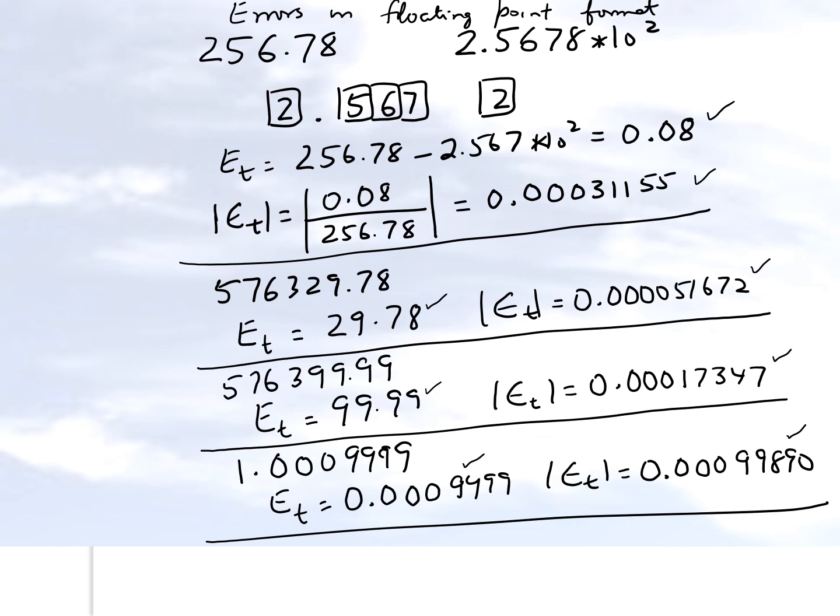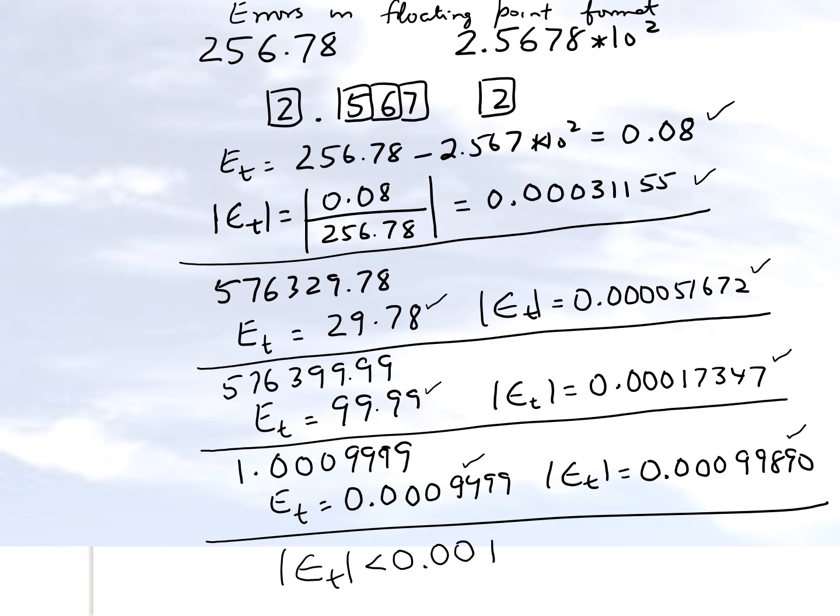And actually what you'll find out is that for this particular case, the relative true error will always be less than 0.001. You take any number from 1 to 9.999 times 10 to the power 9, take any number between those two numbers, a real number, and you'll find out the relative true error in this representation will be always less than 0.001.